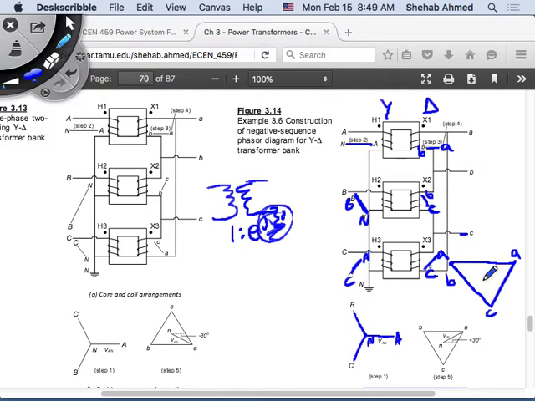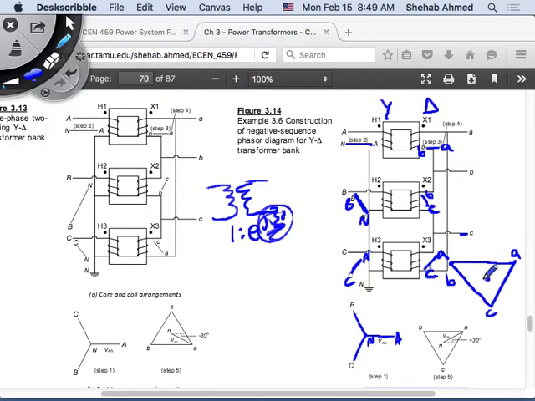Same process, right? This delta, I have to connect it to a fictitious star load, because a star is what I can take to my single phase equivalent circuit, which is like having a neutral point inside this triangle here, or this phasor diagram. And the objective is to look at the phase angle between the phase A voltage on the primary and phase A voltage on the secondary side.